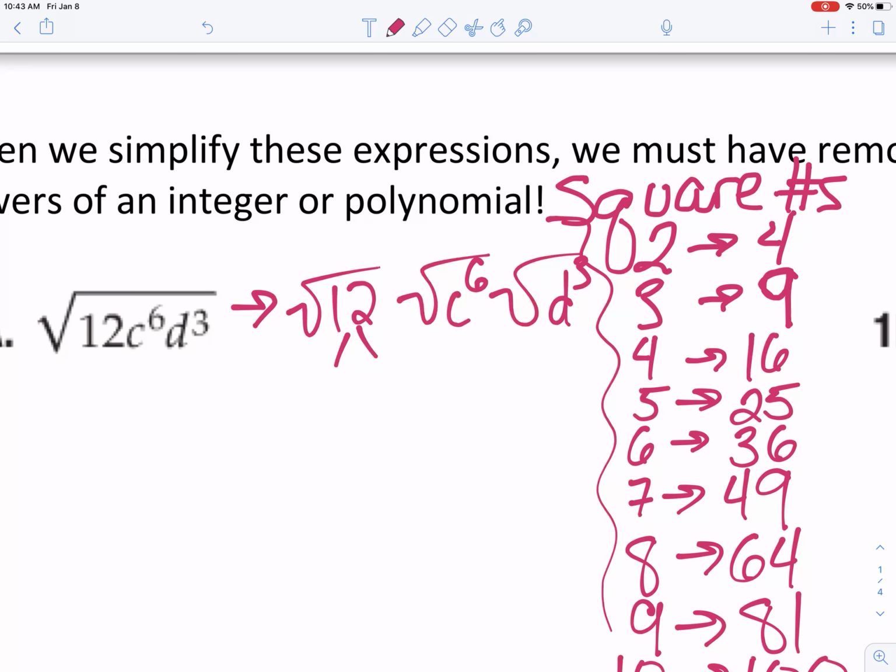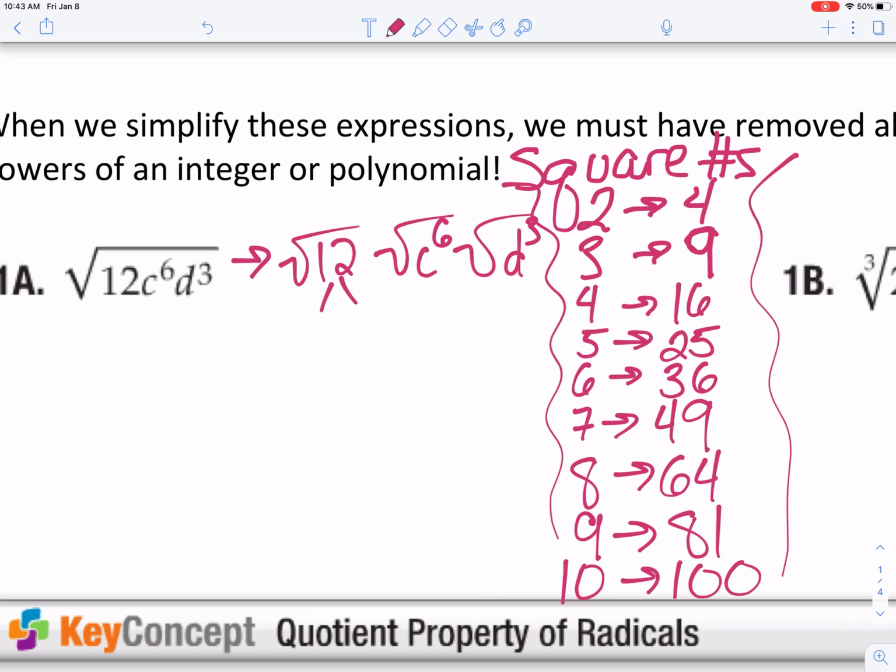What I want to do with the 12 is try to take out the biggest square number that divides evenly into 12. I've got the square numbers listed here to the side, and the biggest square number that evenly divides into 12 is 4.